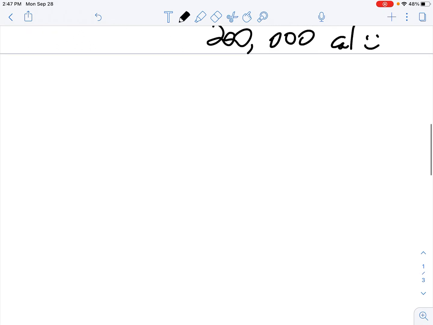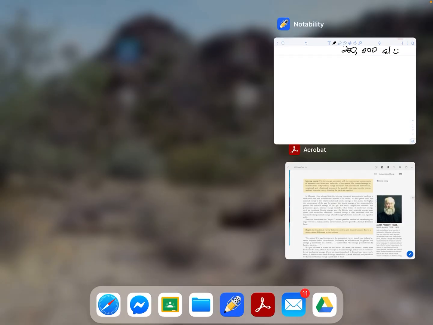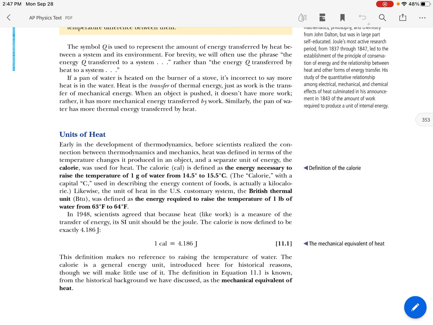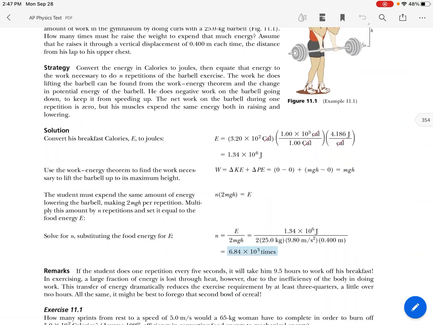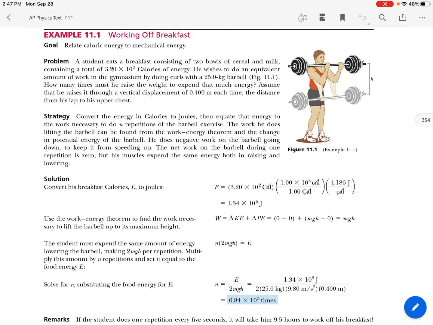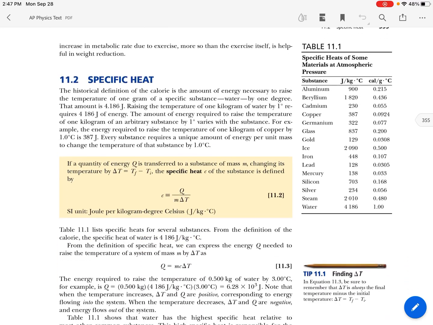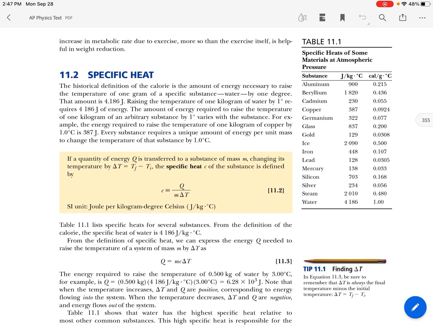Alright, so if we go to the next page, page 355, for the next topic, we're going to talk about something called specific heat. Now, your book gives an equation, and I'm going to go to it now. Your book, by the way, we can look at this problem in class, gives this equation for specific heat, 11.2, and it also mentions equation 11.3.